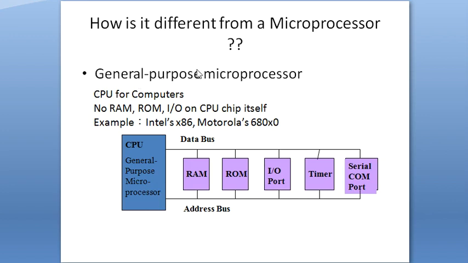A general purpose microprocessor, like the CPU for computers, has no RAM, ROM or IO chips on it. Everything, like RAM, ROM, IO ports, timer and serial COM port, has to be connected externally. Examples are Intel's 86 and Motorola's 680.